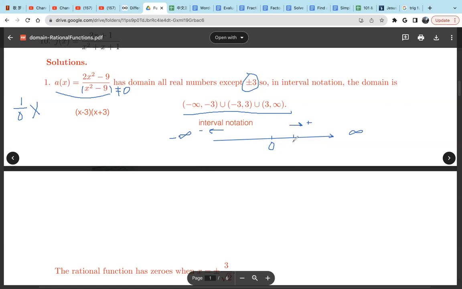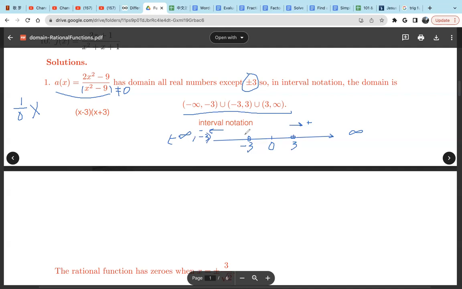So 3 is here, and -3 is here. Not in the domain means the value of 3 is omitted, so usually we indicate it with an open circle. Then all other x values, from -infinity up to -3 but not including -3, we use open parentheses to indicate.